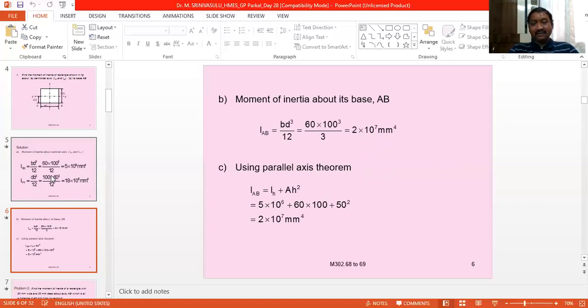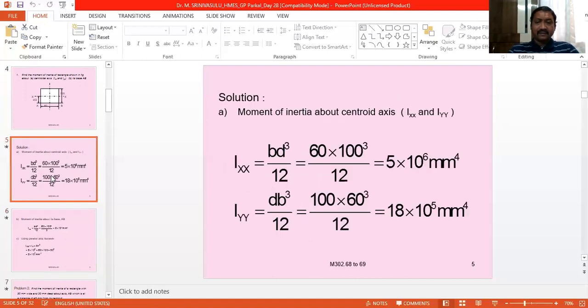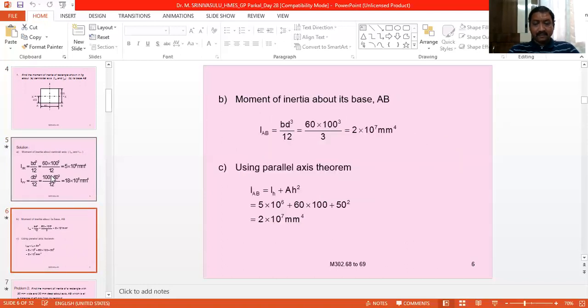Now we'll check once by using the parallel axis theorem also. As per the parallel axis theorem, IAB is equal to IXX plus A into H square. Here IXX is equal to 5 into 10 power 6. And the area is the width into height, that is 60 into 100.